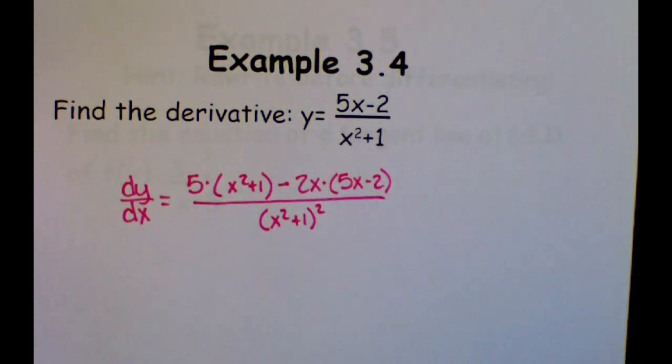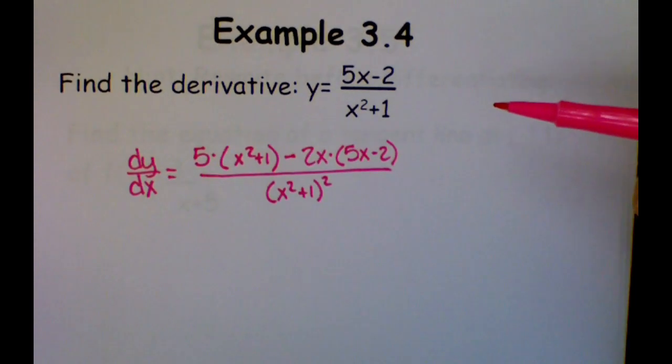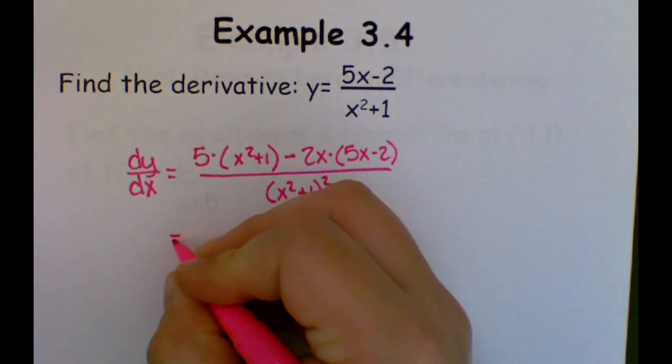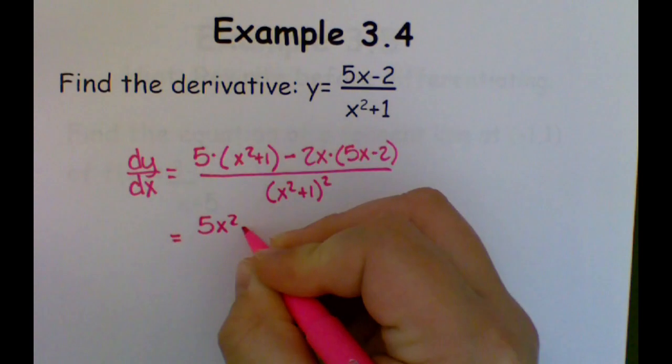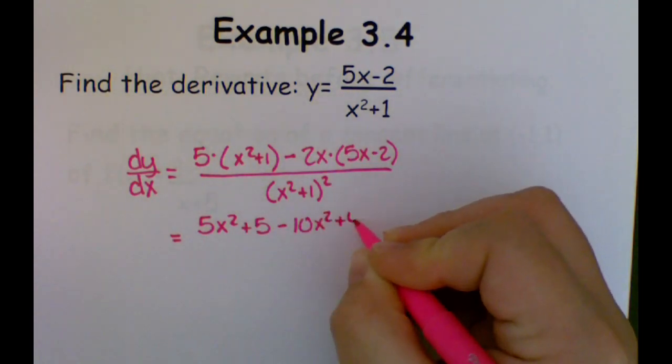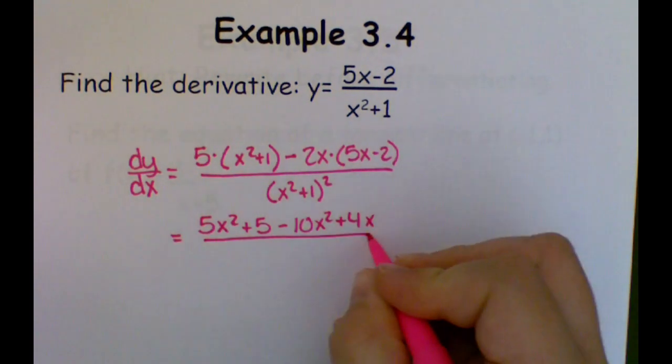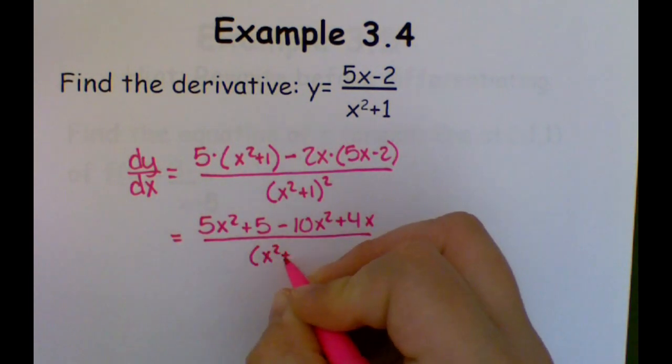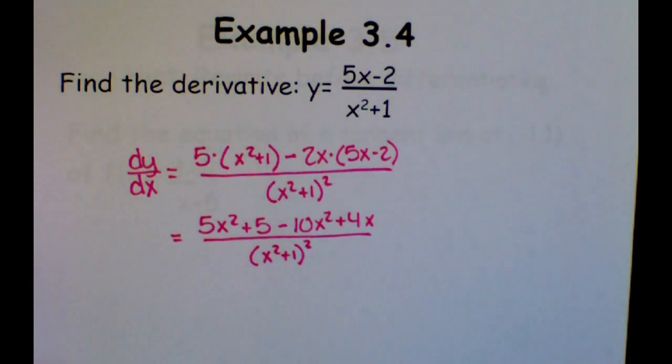We do need to simplify this a little bit. We're going to distribute in the numerator and see if there's any like terms we can combine. We get 5x squared plus 5 minus 10x squared plus 4x. You do not need to worry about multiplying out that denominator. You can leave it as x squared plus 1 squared.